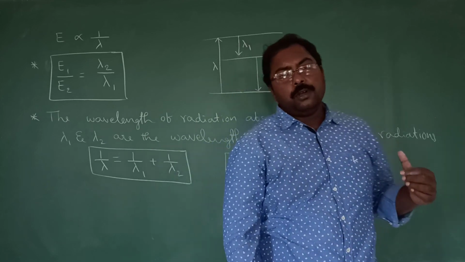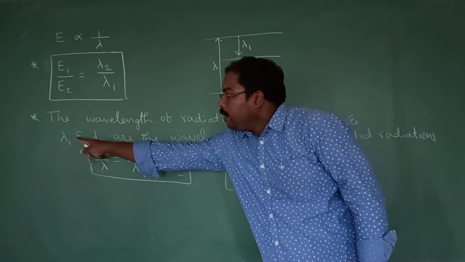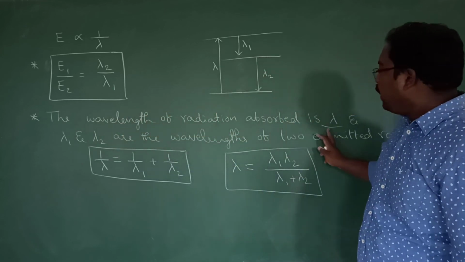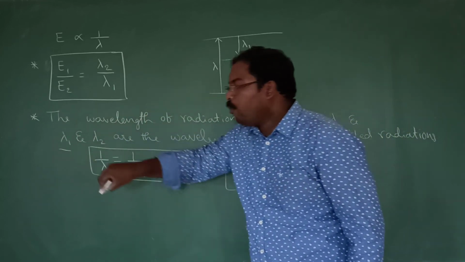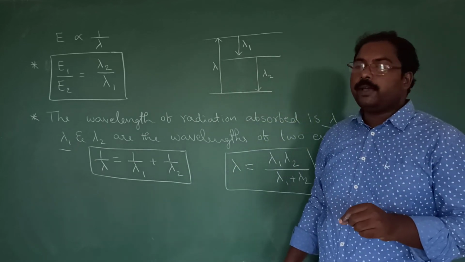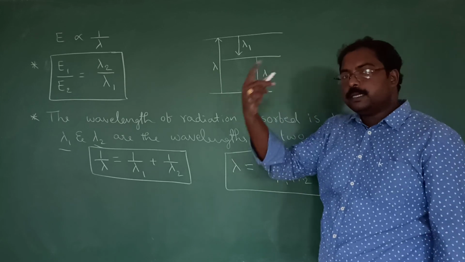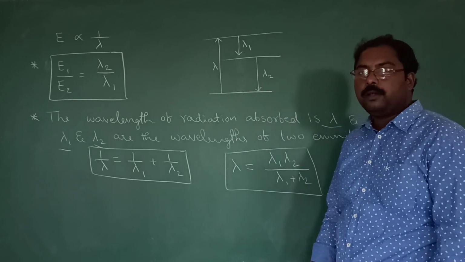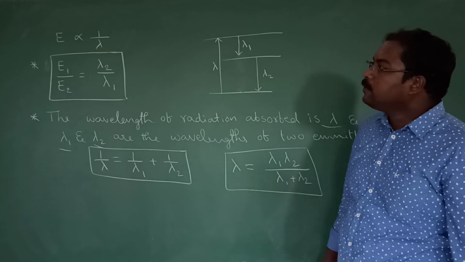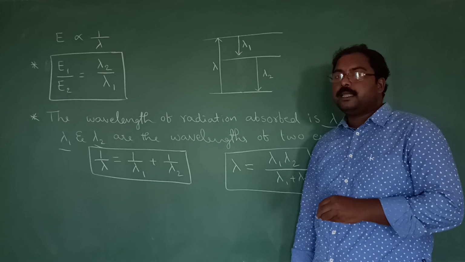It is used when the wavelength of the absorbed radiation and the wavelength of one of the emitted radiations are given, and they ask you to find the wavelength of the second radiation. Based on this formula, let us solve some numericals in the next class.